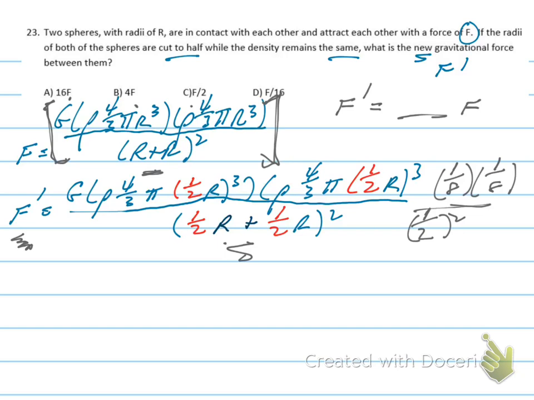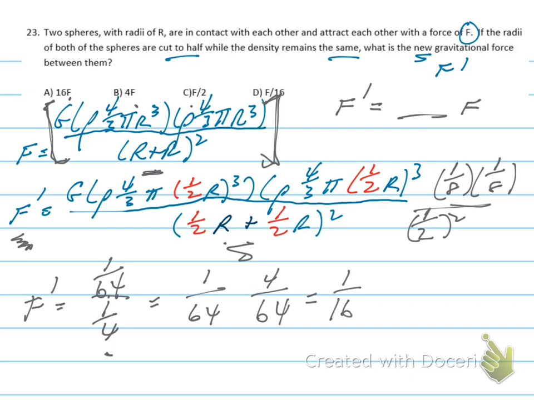All right, so what we have is F prime now. F prime is equal to 1/8 times 1/8, which is 1/64th, over 1/2 squared, which is 1/4. Well, we can drop that 64 down into the denominator and have 1/64, and this 1/4 in the denominator will invert itself and become 4/64, which simplifies to 1/16.